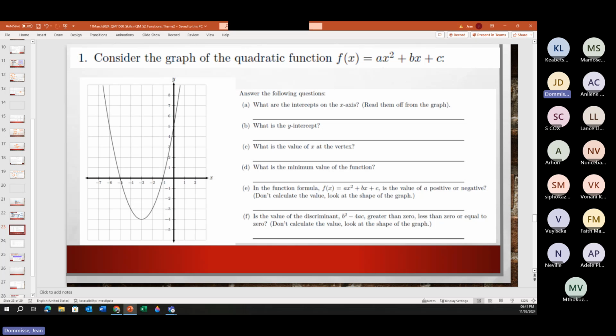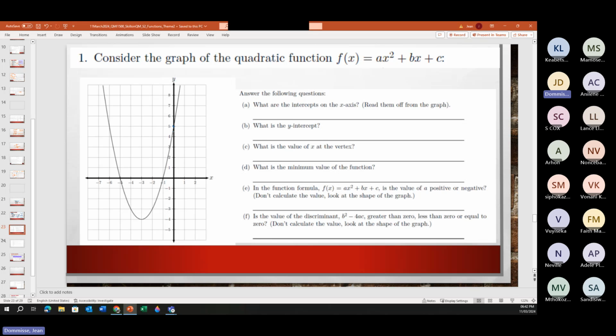Okay, so here they give us the formula just as was given in the previous. They tell us it's the normal formula of ax to the power of 2 plus bx plus c. And we will now need to solve the different equations by reading off the graph. So I like to look at the y-intercept first.